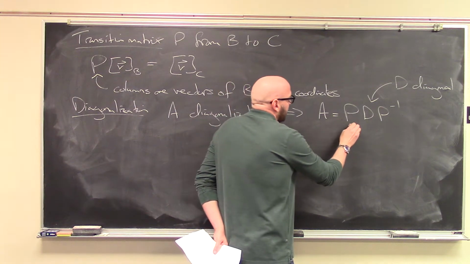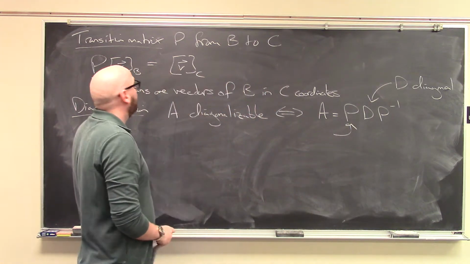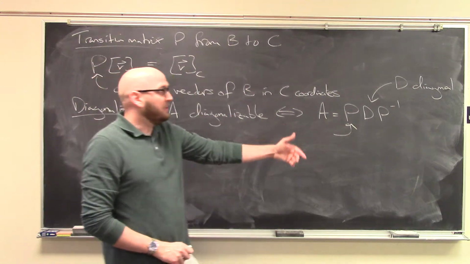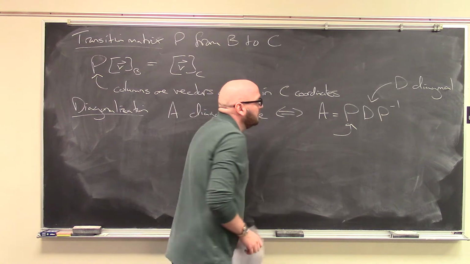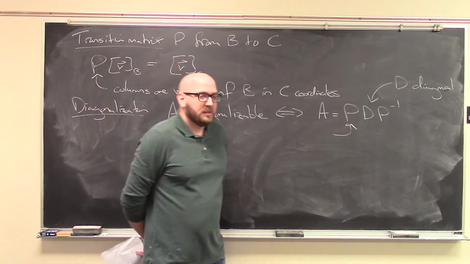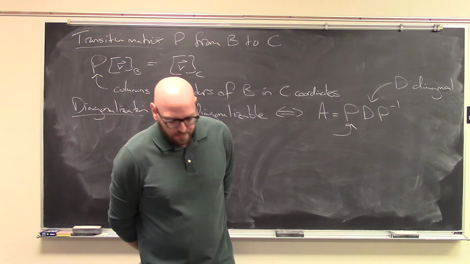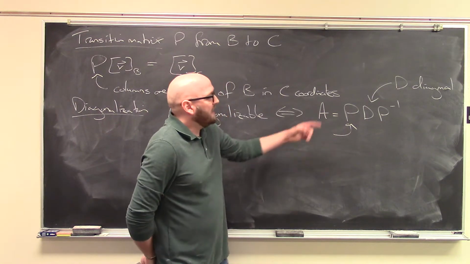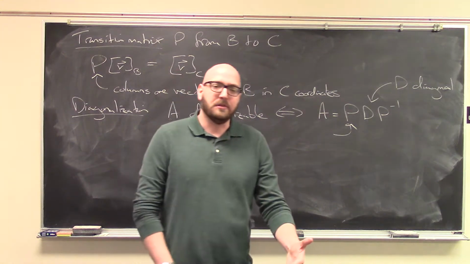And what is P actually? Well, it's going to have something to do with transition matrices, hence the use of P in both cases. But we had talked about how to find this, right? How do you find P? Well, you go through this diagonalization algorithm we had. You find all the eigenspaces, and then you extract what we had called these fundamental eigenvectors from the eigenspaces.